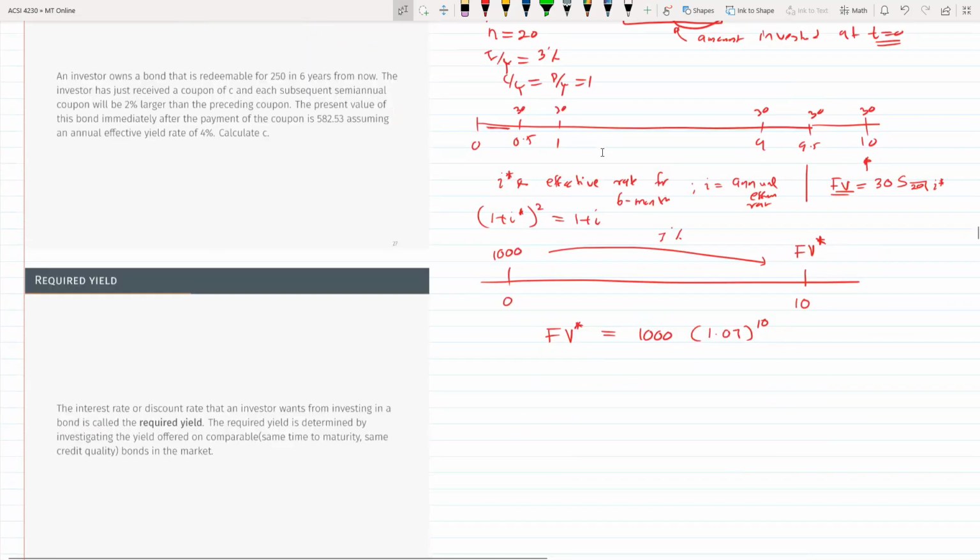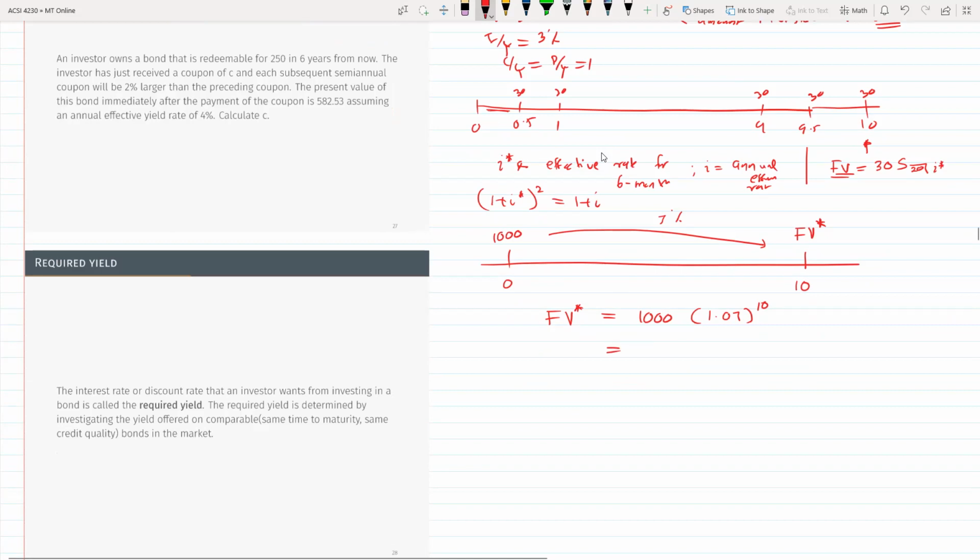So what's the total accumulated value after the 10 years? After everything is done, how much did this person really get? 1.07 to the 10 times 1,000 would be 1,967.151357. Okay, so this is the future value.